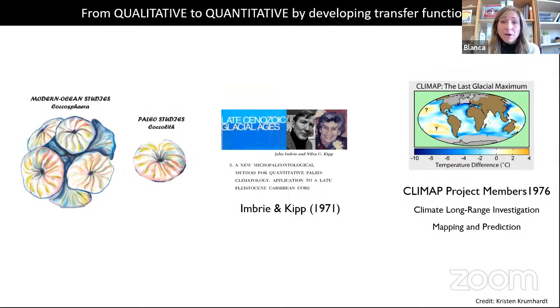Some of these issues can be overcome by using transfer functions that were first implemented by Imbrie and Kipp in the 70s. Afterwards, they were used by the CLIMAP project to reconstruct global sea surface temperature. Since then, this method has been routinely employed in an increasing number of paleoceanographic studies using microfossil census counts.